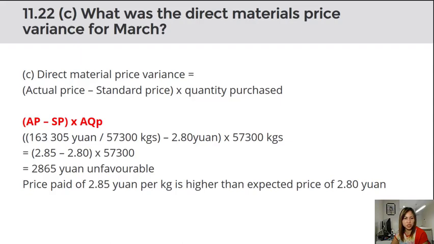Standard price per unit is 2.8 times the actual quantity that you purchase, which is 57,300 kilograms. Because the actual price is greater than standard price, the variance, a total of 2,865 yuan, is unfavorable. Why? Because you paid more than what you expected, than what you set in your standard. Okay?